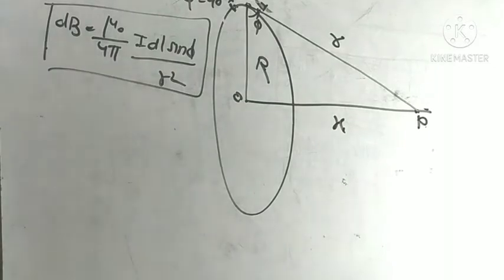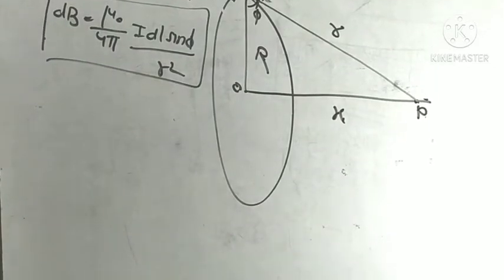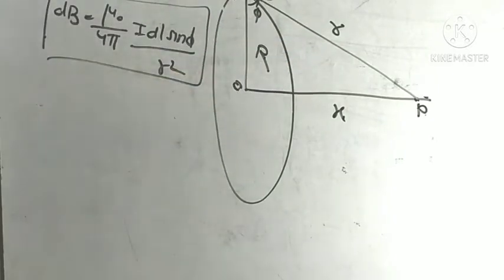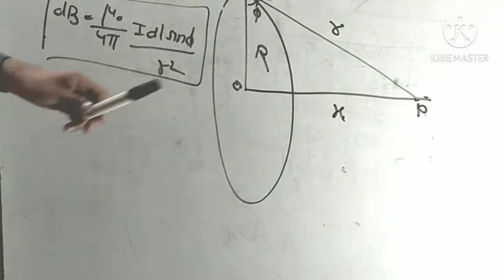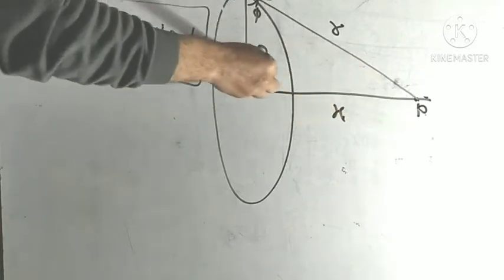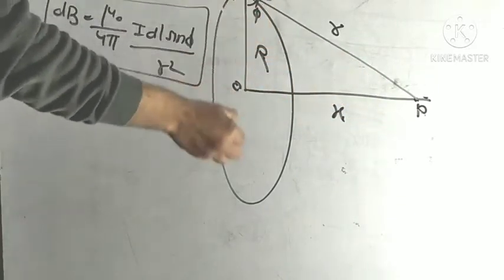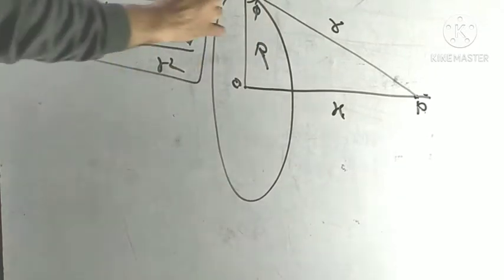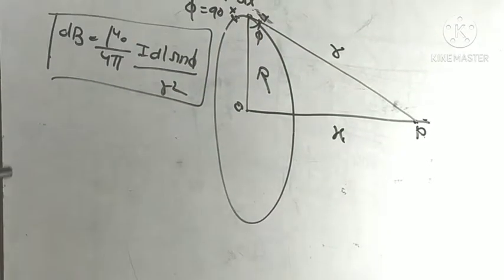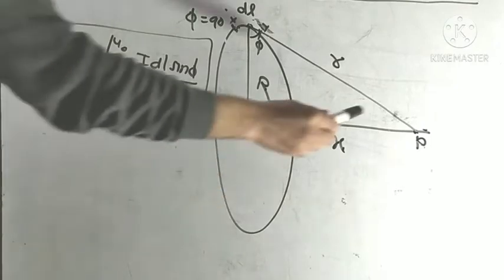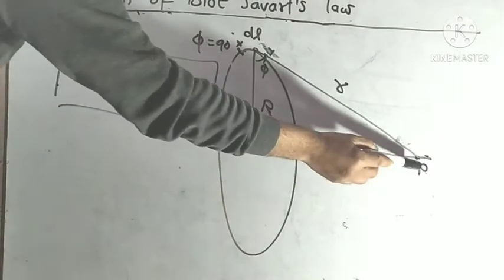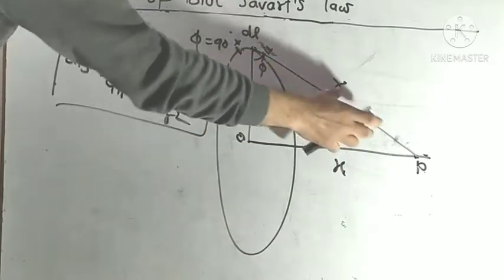We take any point P on the axis of a circular loop or coil carrying current I. The distance of this point P from the center of the circular ring is x, and we take a very small element xy of length dl at a distance r from the point P. Now we have to find the magnetic field at point P due to this small element.